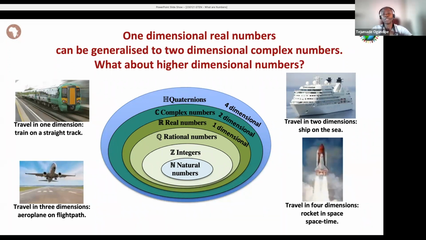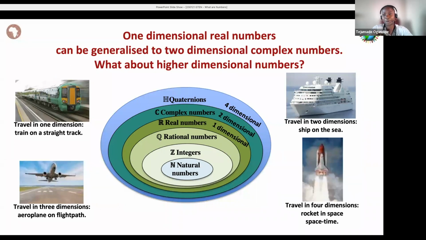Okay, so now we want to look at this. Looking at this image, one-dimensional real numbers can be generalized to 2-dimensional complex numbers. So what about higher dimensional numbers? We know trains travel in 1 dimension on a straight track.